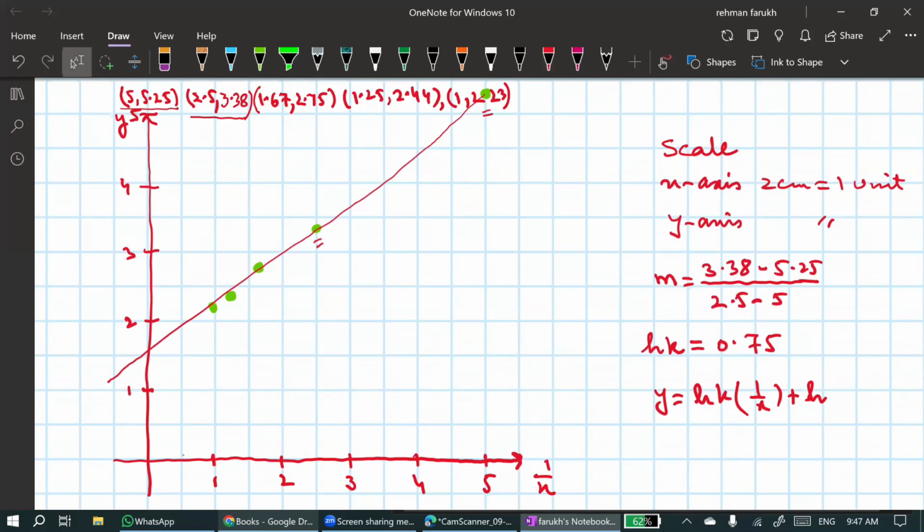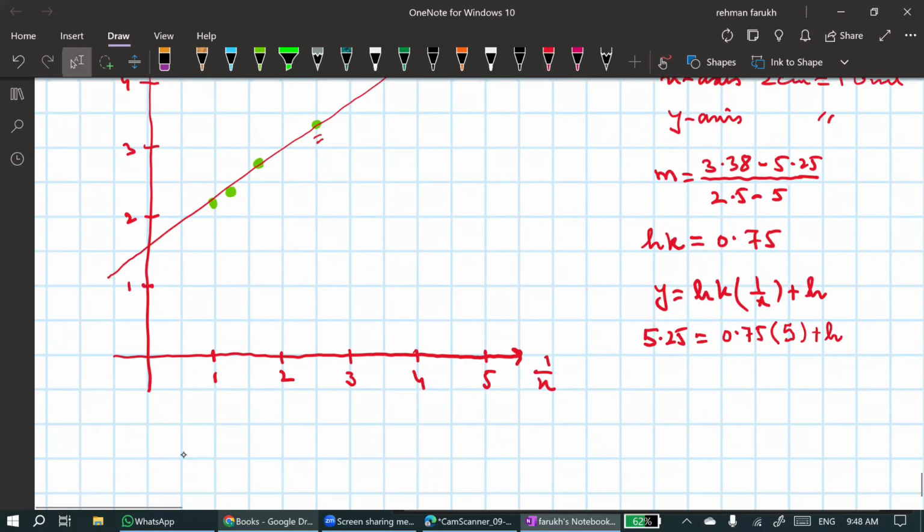The value of y is 5.25, the value of hk is 0.75, the value of 1 over x is 5. h is 5.25 minus 0.75 into 5. What's the final answer for h?